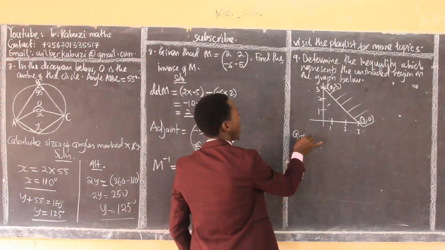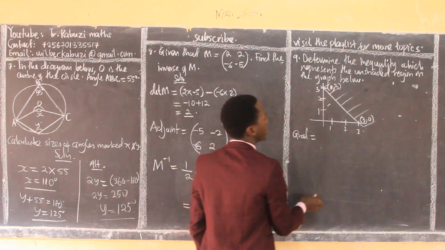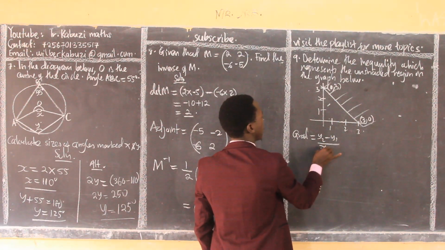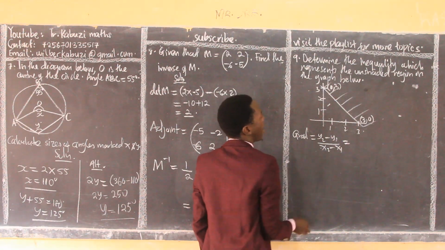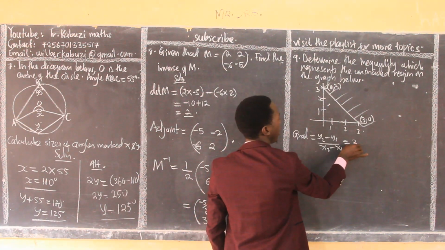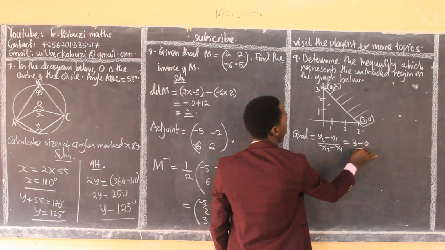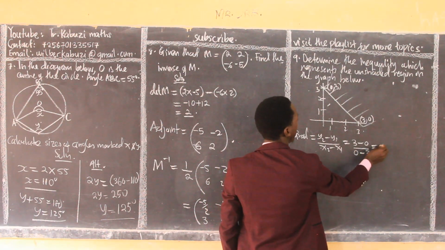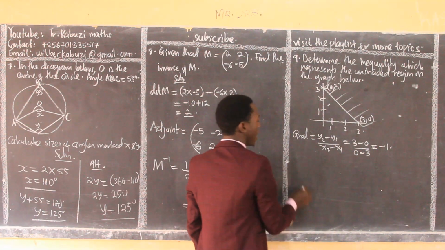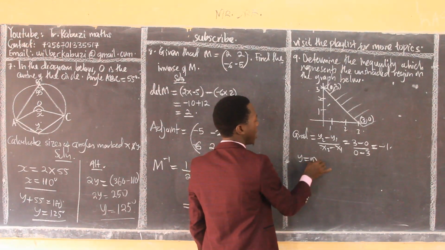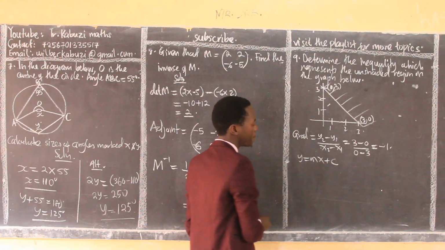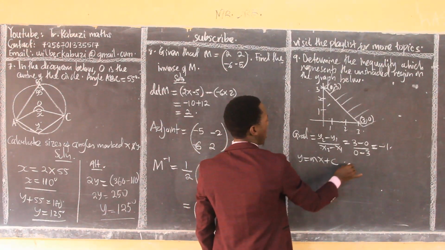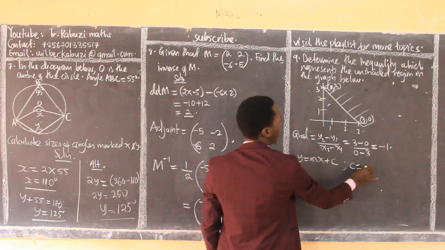If I have 2 points, my gradient is going to be 3 minus 0 over 0 minus 3, which will get me to negative 1. And from y equals mx plus c, I have the gradient, and the intercept here, my c is going to be 3.